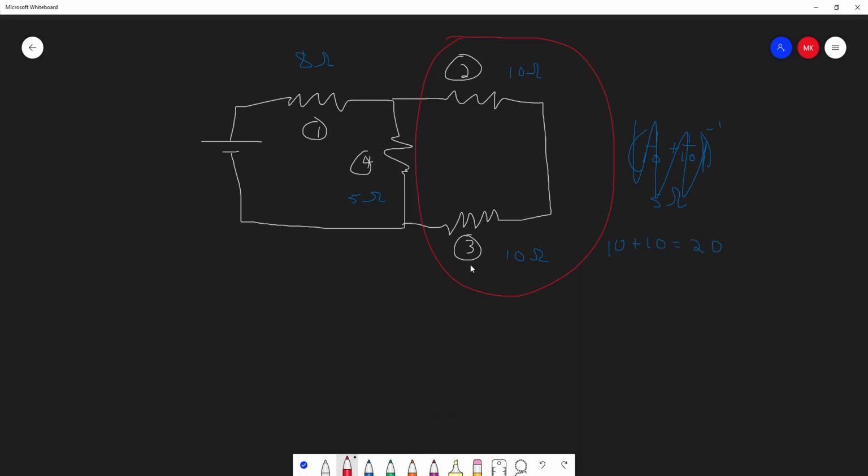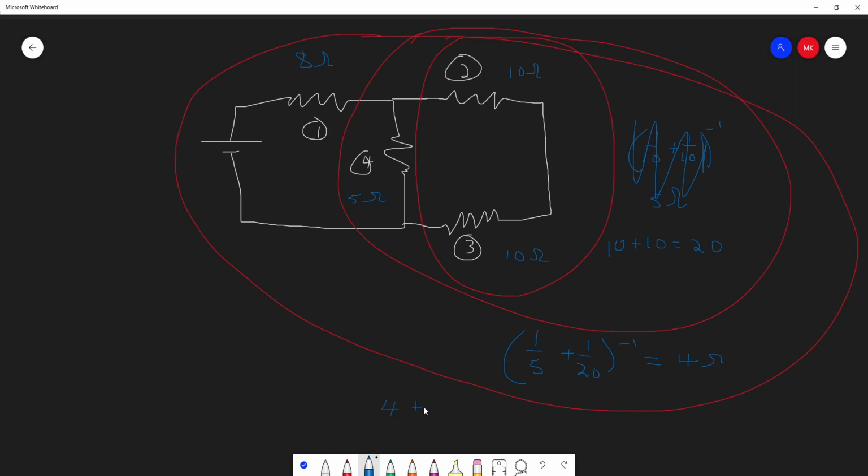Now R23 is in parallel with R4. So we have 1/5 plus 1/20 inverse. That is going to simplify to 4 ohms. And then lastly, we have R234 in series now with R1. So we have 4 plus R1, which is 8, just gives us 12 ohms.